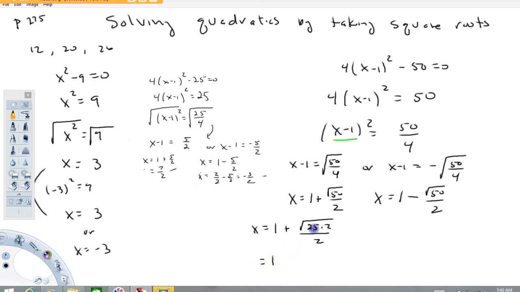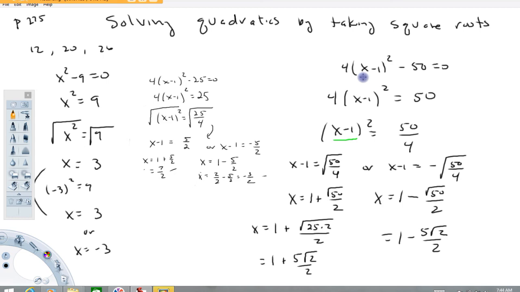And the square root of 25 is 5. So we can bring a 5 out in front: 5 root 2 over 2. This one will be 1 minus 5 root 2 over 2. So 1 plus 5 root 2 over 2 and 1 minus 5 root 2 over 2 should solve this equation.